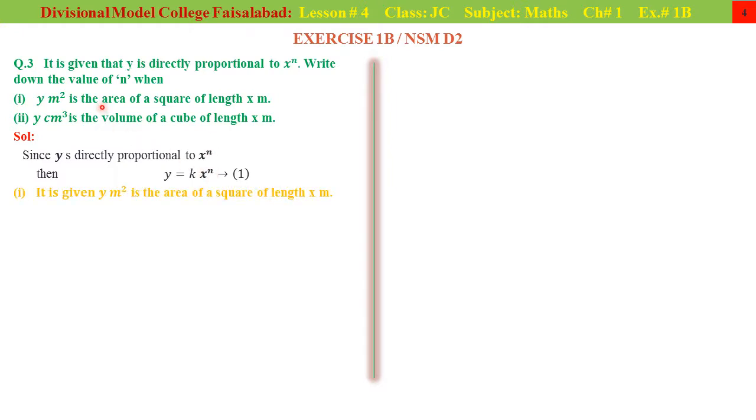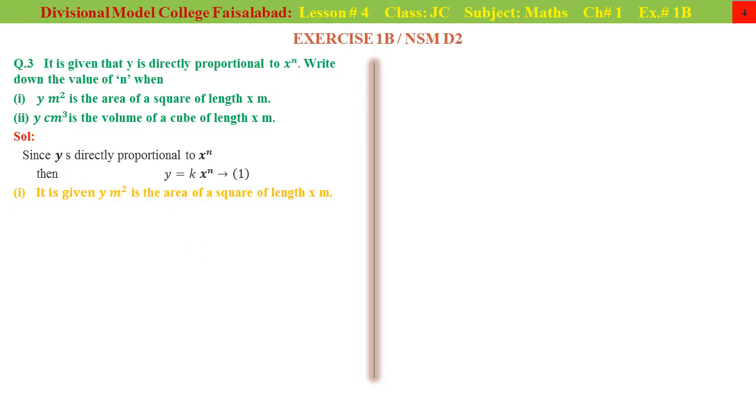Now, it is given in part 1 that y meter square, y is the area. Area is represented by y of a square of length x. Now if y is the area of a square of length x, then what is the formula to find the area of the square whose length is x?